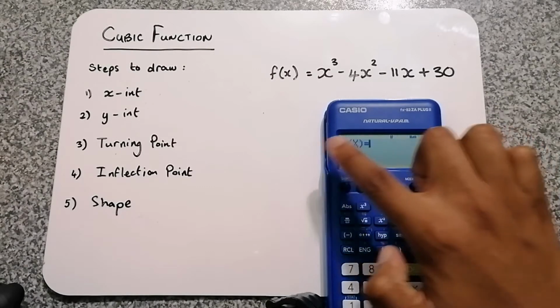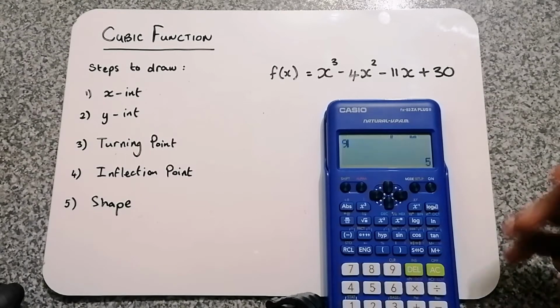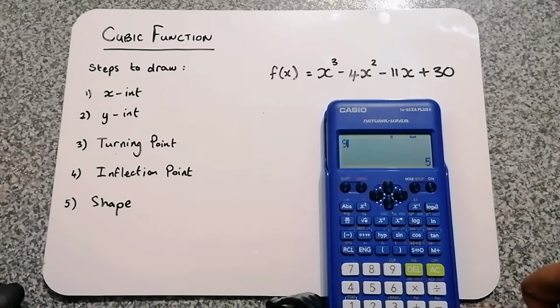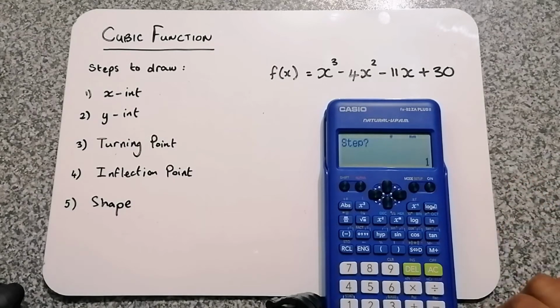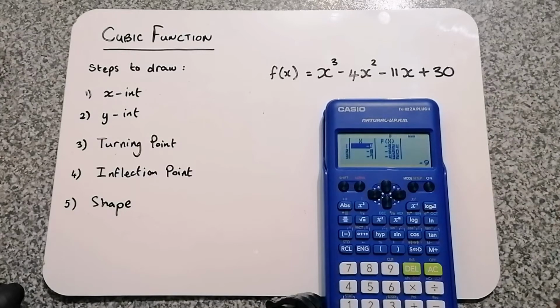And then they're offering me a g(x). I'll just press equal to skip that. I'll start at -9. I want to make my domain as big as possible without breaking the calculator's memory, I guess. And then I'll end at 9. And I'll just keep my step 1. Okay. So each time just press equal to.